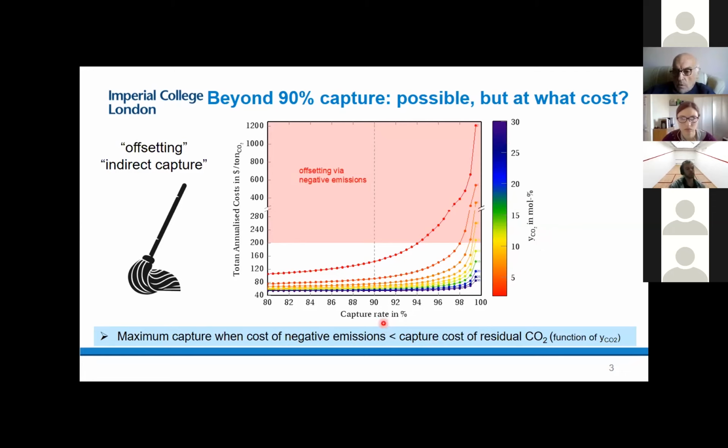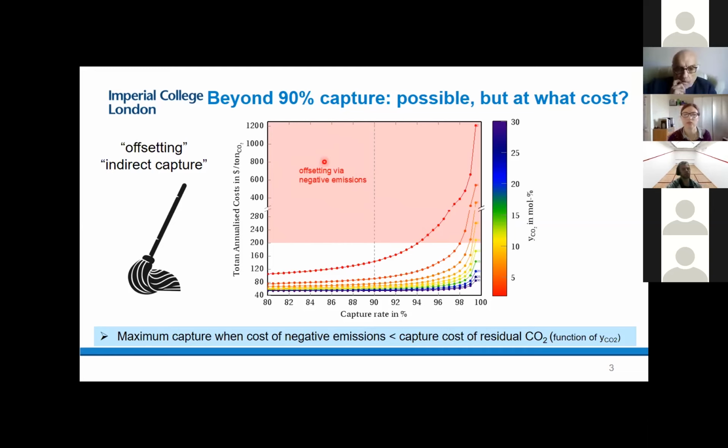And you can see that the cost profile is rather flat for rather concentrated streams up to 98% capture. If you have, however, a more dilute gas stream, then the profile is steeper and you have a higher cost increase.